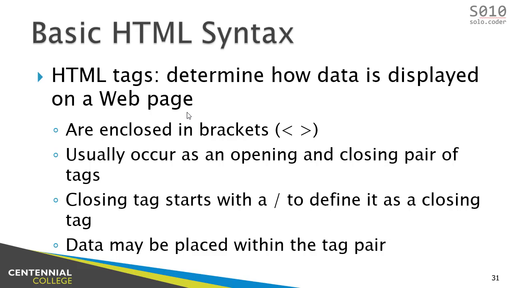HTML tags are what will distinguish the different elements in the page. We use brackets to identify different tags, paragraphs, headers, divs, and a lot of other tags. We use a forward slash to define a closing tag, okay?